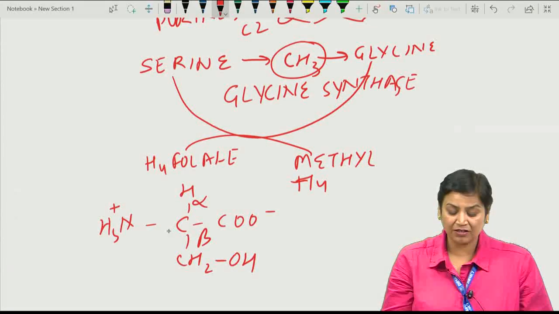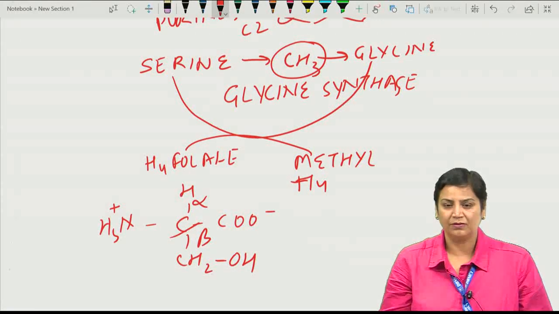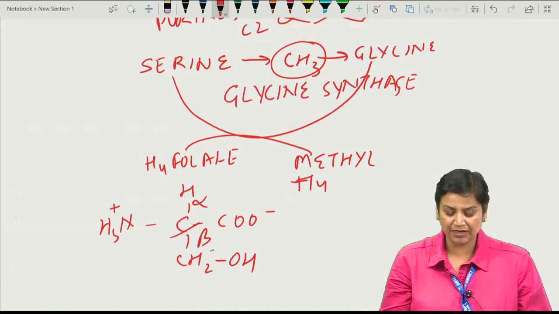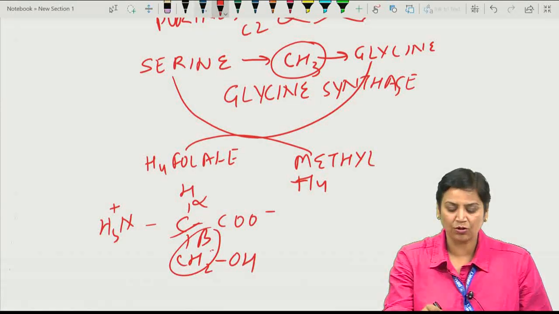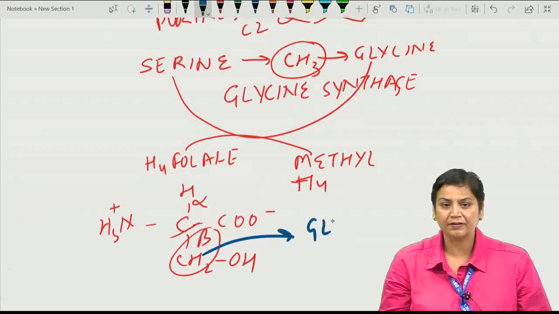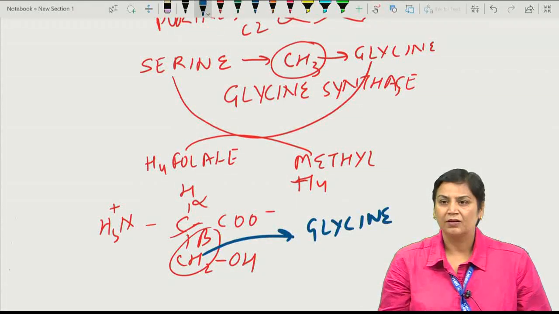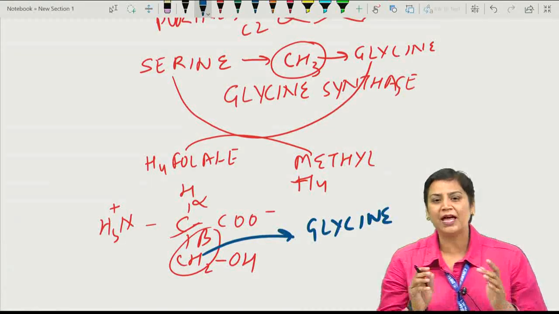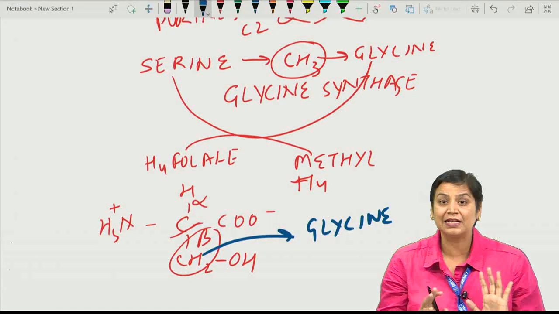If serine donates its alpha carbon atom, it won't be an amino acid after that, so there is no question of donating the alpha carbon atom. But the beta carbon atom is free and can be given to glycine, and even if it donates this beta carbon atom, the intact amino acid structure will still be there.